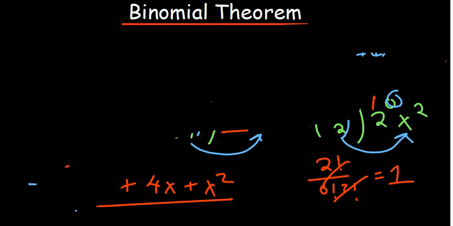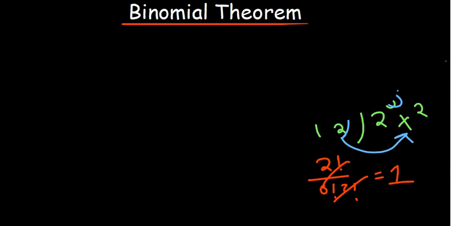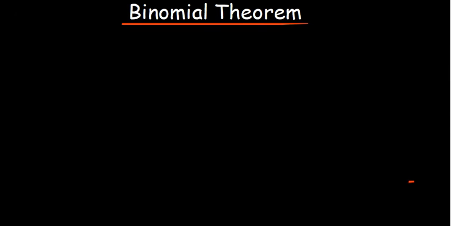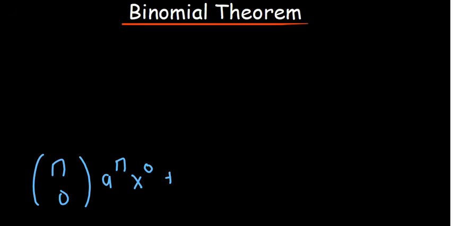Now there are three different things that I need to make mention of and explain so that we can simplify the binomial theorem unlike the way we have it, because at the moment the way it is looking, it is appearing as n choose 0, a will be the power n minus 0, which is just like n, and then x will be the power 0, and then you have n choose 1, a will be the difference, x will be the power 1, and so on and so forth.